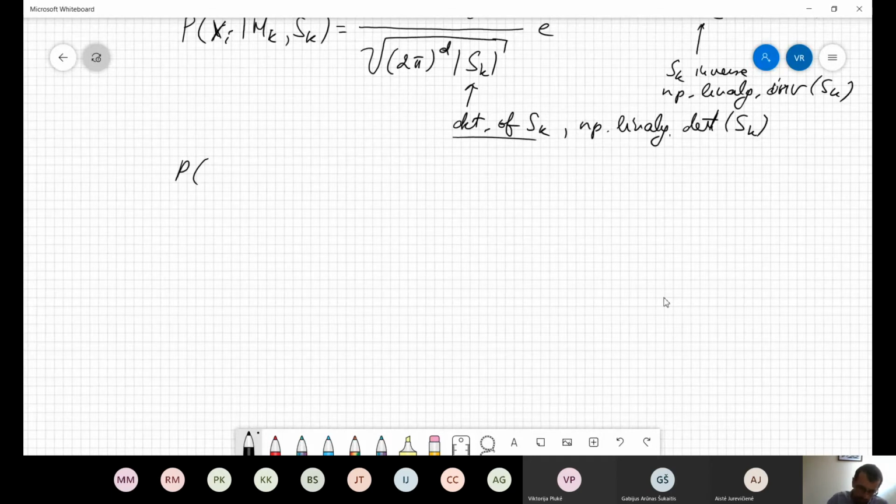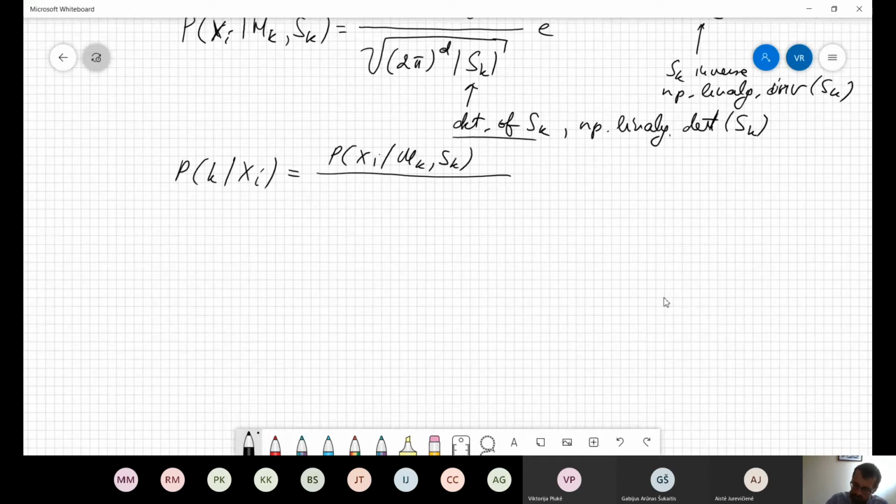Now, following the Bayes diagram, we have Bayes theorem again. We change the probabilities from one conditional into the other, with mk, sk, and this is the weight.